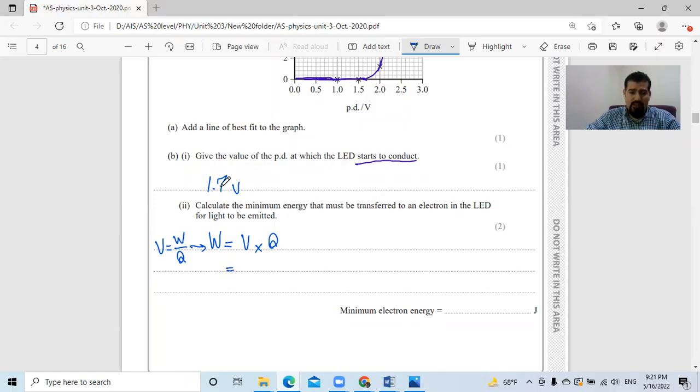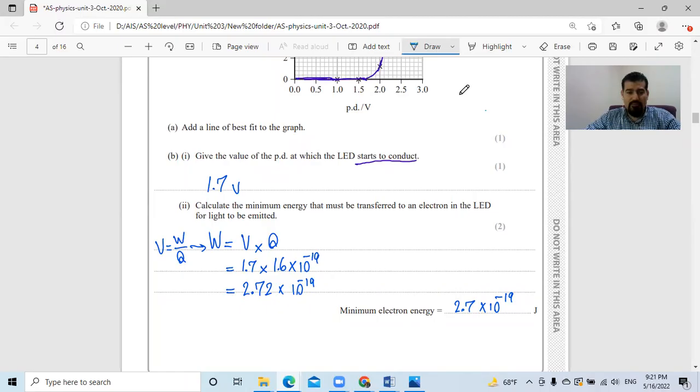So the energy is 1.7, the voltage that I got, multiplied by the charge of one electron, which is 1.6 times 10 to the power of negative 19. And my answer will be approximately, who has a calculator? 2.72 times 10 to the power of negative 19, and I'll write it to two significant figures: 2.7 times 10 to the power of negative 19 joules.